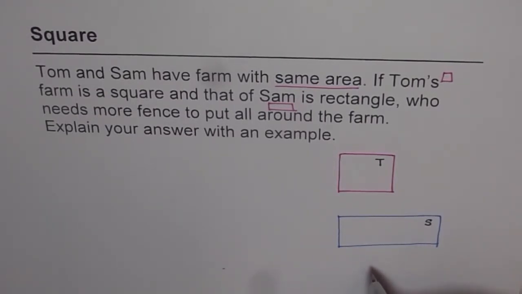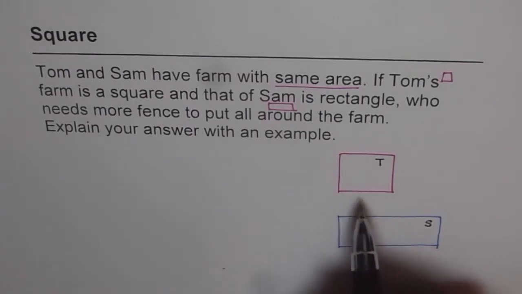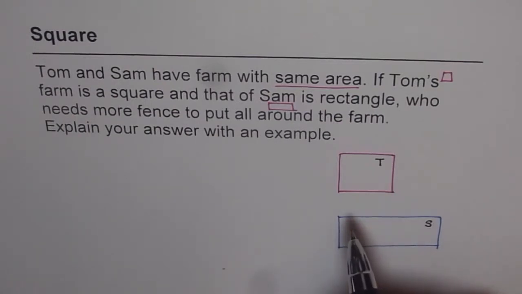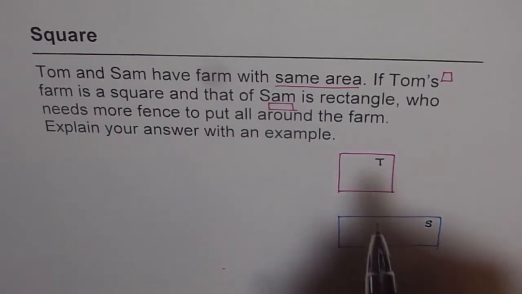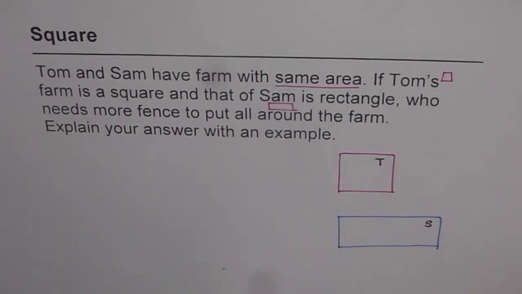Well, let's take some examples. For example, let us assume some area. Let us say the area is 12. Well, 12 is not a good number. Let us assume that the area is 16, okay? 4 times 4 is 16.